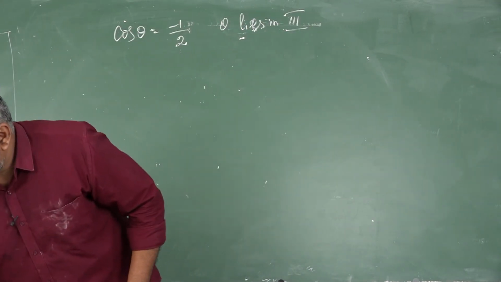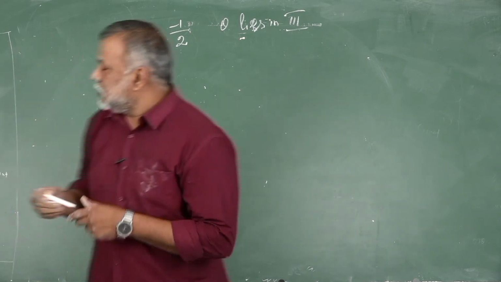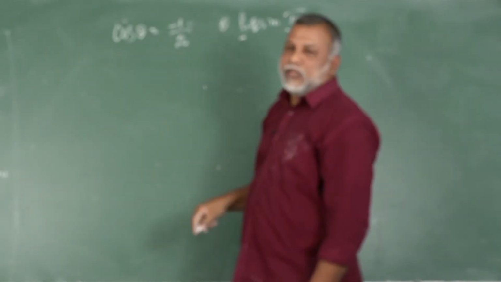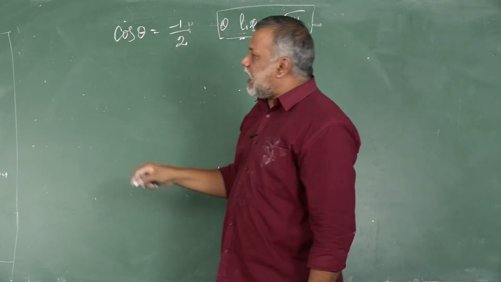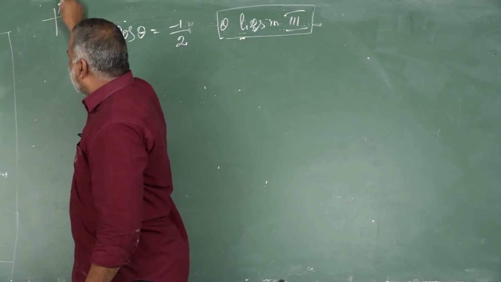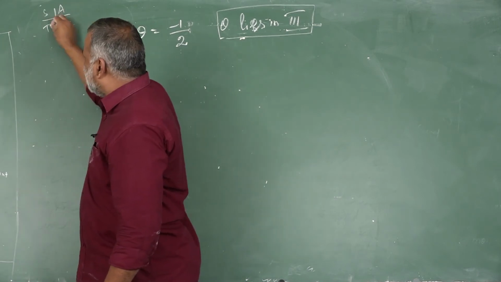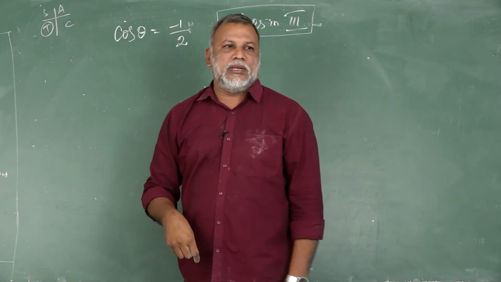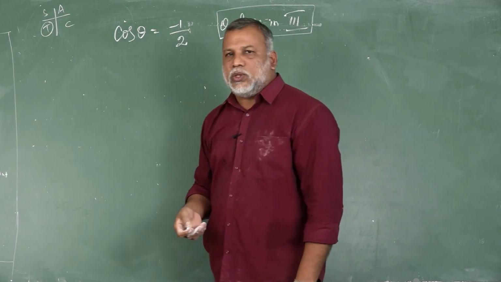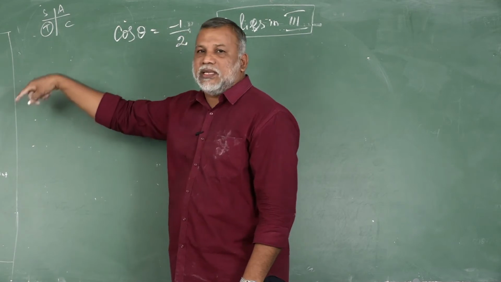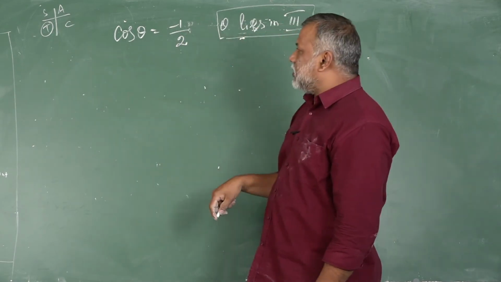Now cos theta is negative, and theta lies in the third quadrant. In the third quadrant, as per the ASTC rule, T gets the positive sign. T positive means its reciprocal cot theta is also positive. Tan and its reciprocal cot theta are positive.